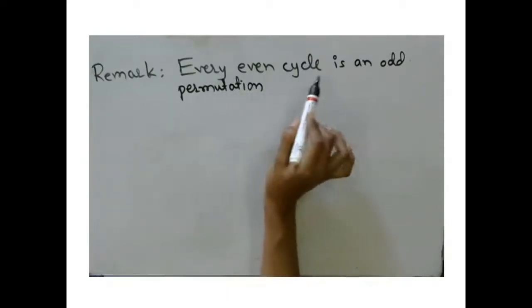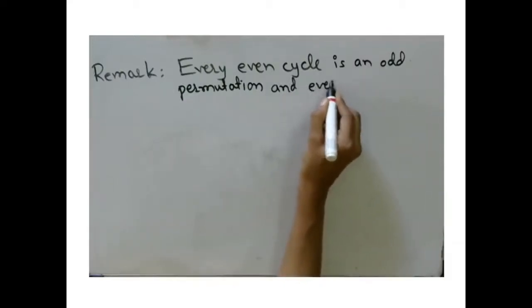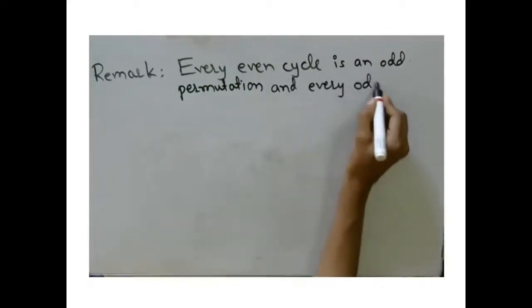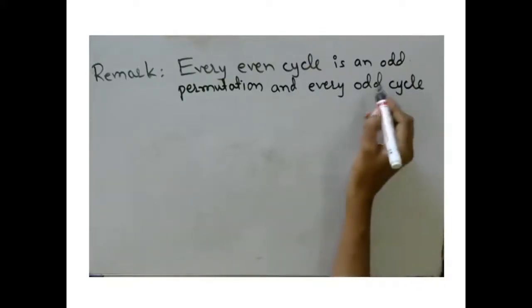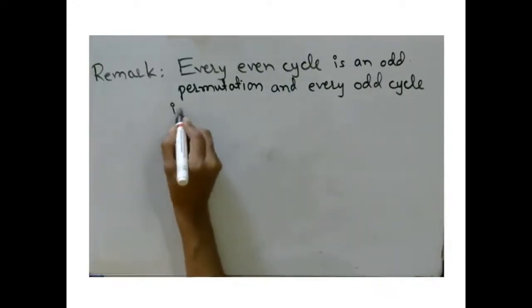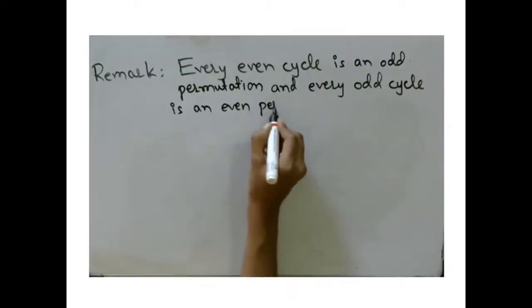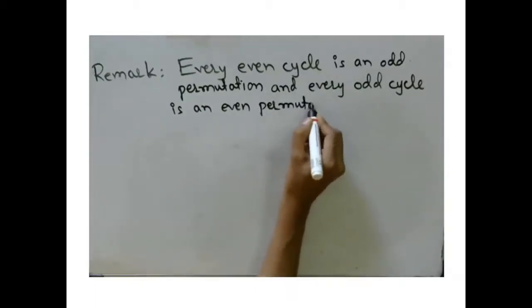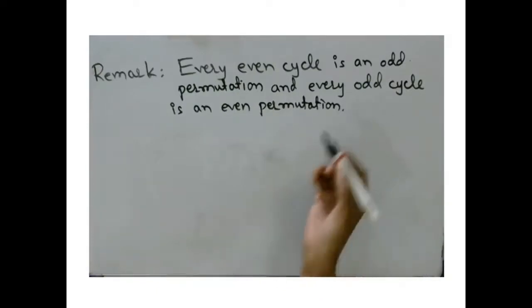Okay, so every even cycle is an odd permutation, and every odd cycle, meaning a cycle whose length is an odd number, is an even permutation. So every 3-cycle will be an even permutation.